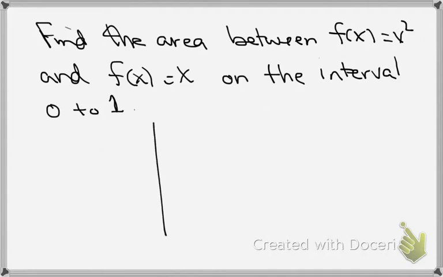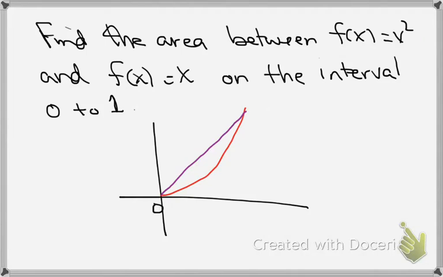So one of them is a parabola. It looks something like this. And then the other one is going to be the straight line. That will look something like this. And they will have intersection points down here at 0, and then over here at x equals 1.